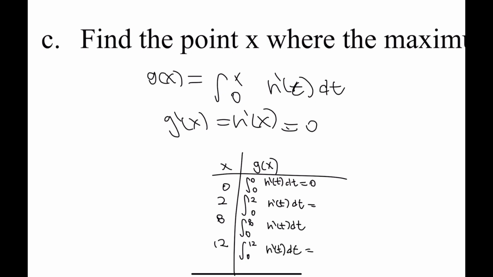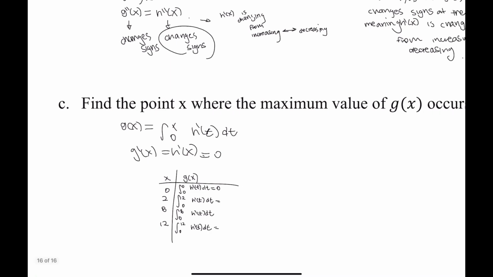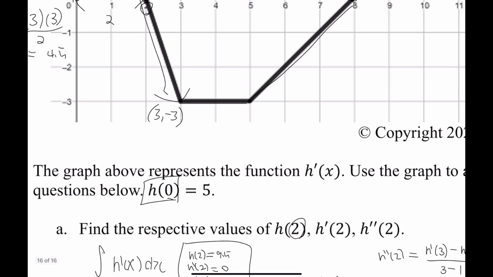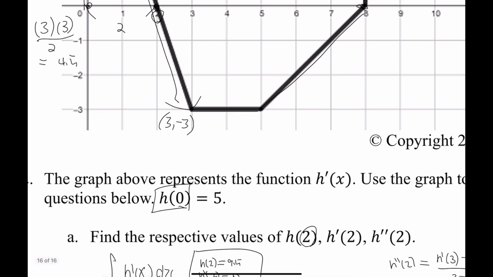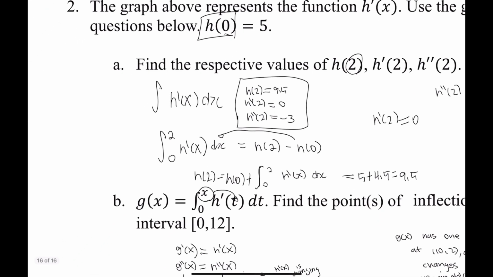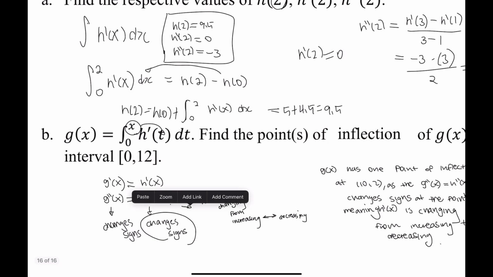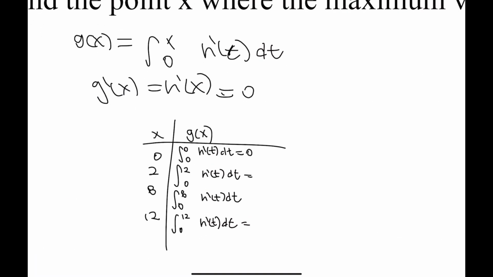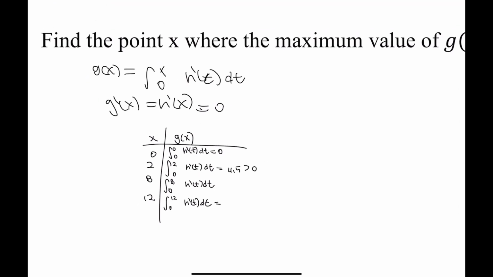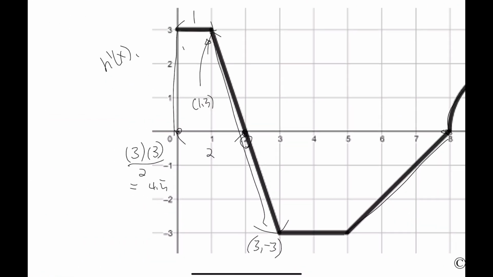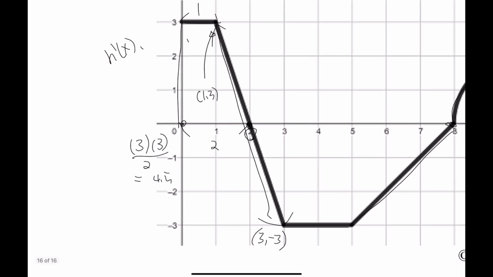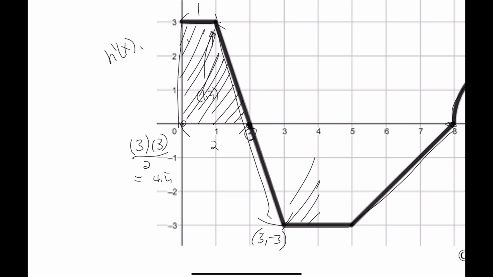Okay, let's see. 0 to 2, I think this one we already found, right? We already found it to be 4.5. So this is 4.5, greater than 0, and then 0 to 8 would be... Well, we can see that this part is the same as this part, right?